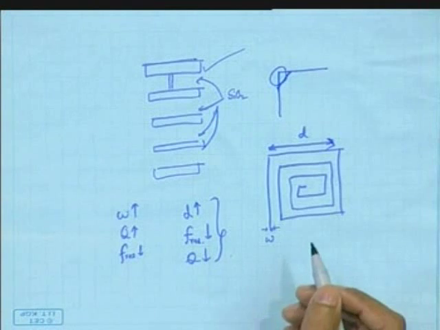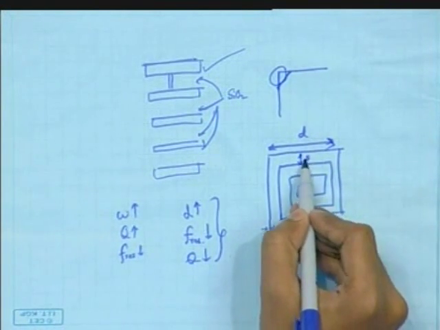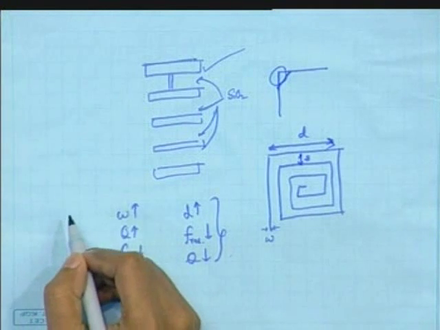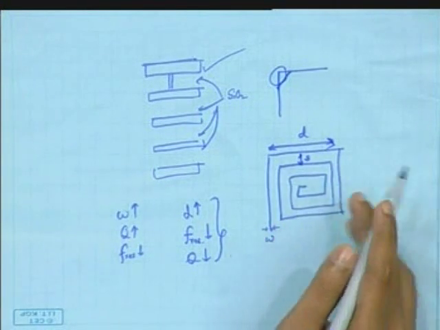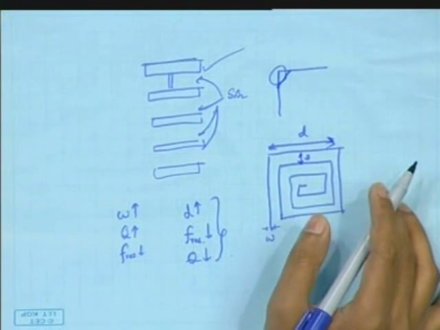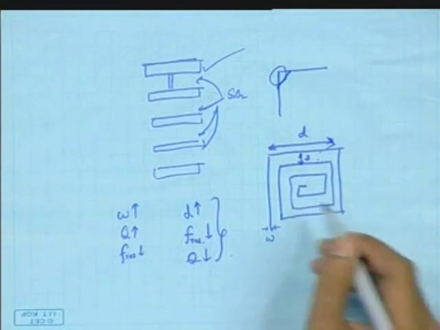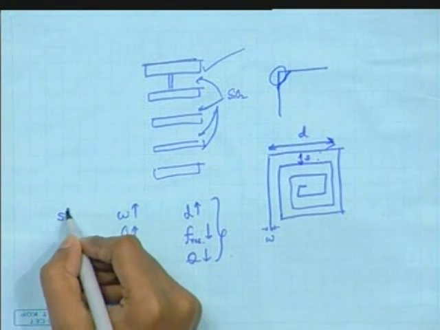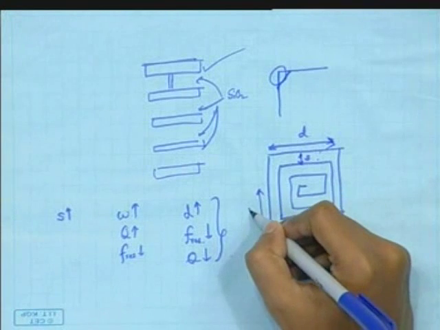Okay. Another thing is the spacing between the two metal lines, name it S. Now think analytically what will happen to the magnetic field in between these two metal lines if I increase S. Note the direction of the current. This is the direction of the current.